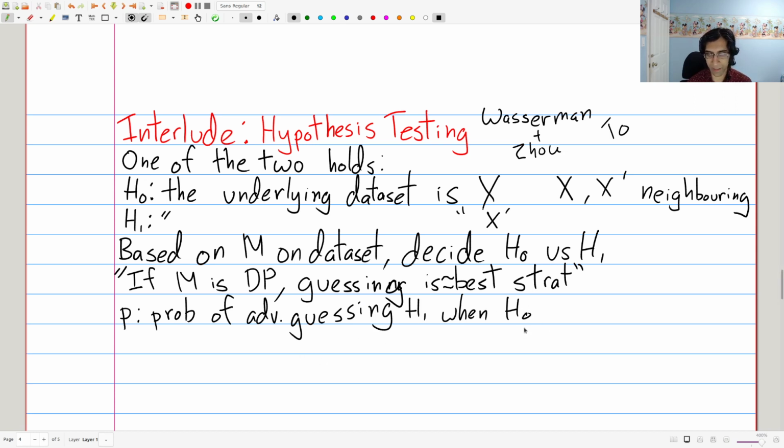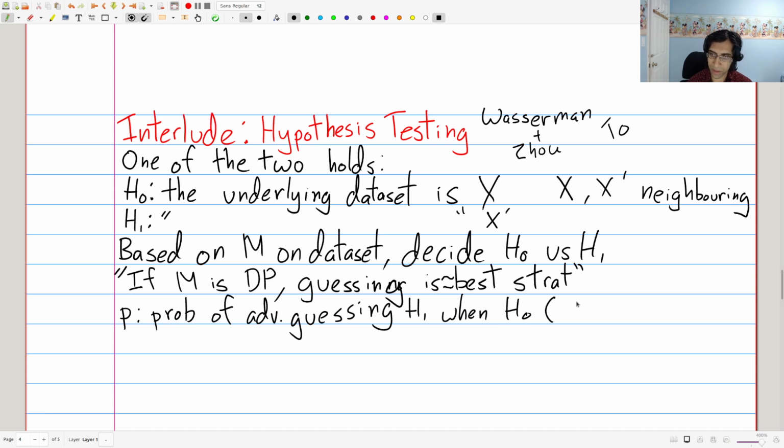So imagine the true data set was actually X and the adversary says it's H1. What's the probability of that happening over the random coins of the algorithm, and potentially what the adversary can do? So this is the probability of making an error in this direction.